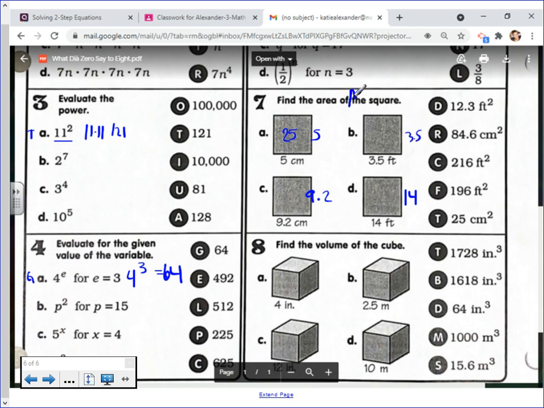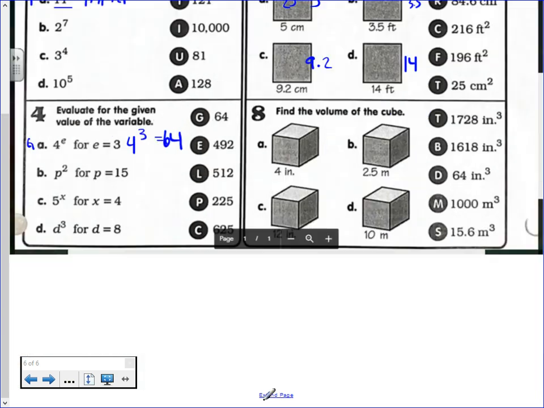Remember, the area of a square is you take your side and you square it, or you could take length times width. Either way. Down here, we're talking about volume, and remember, volume is length times width times height. And since these are cubes, that means all of them are the same. So 4 times 4 times 4, 4 times 4 times 4, 2.5 times 2.5 times 2.5.